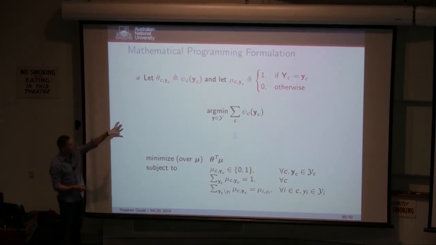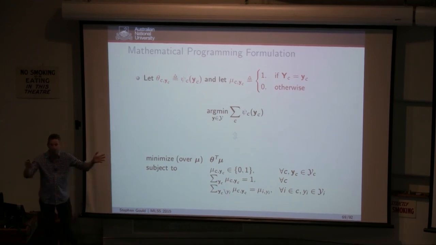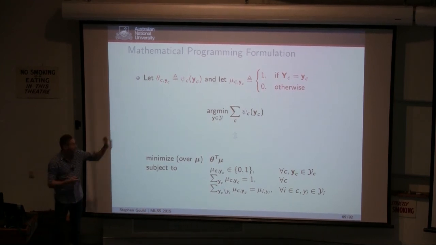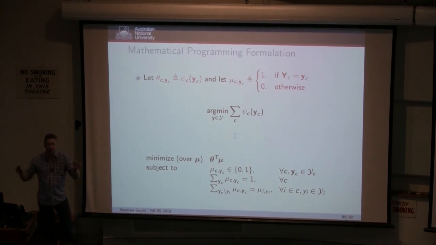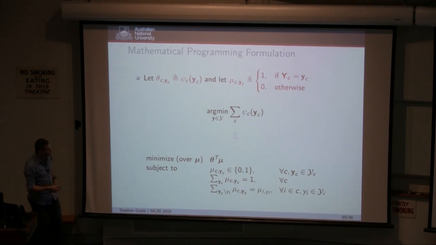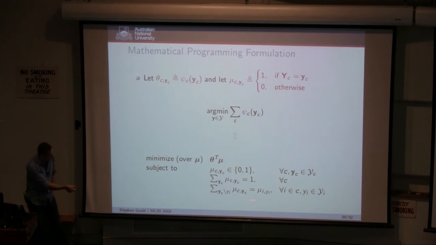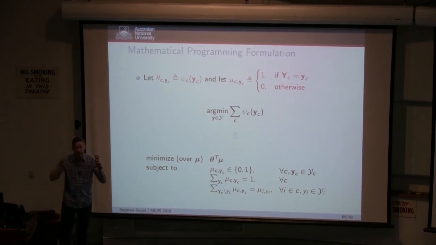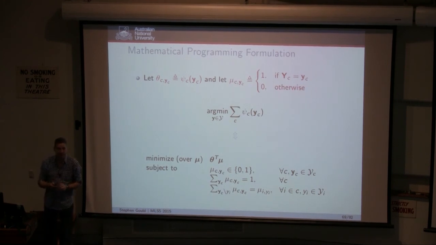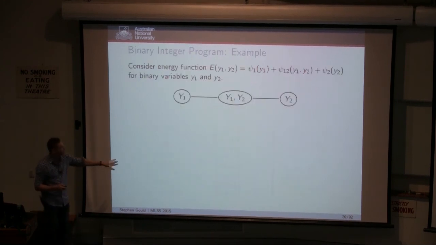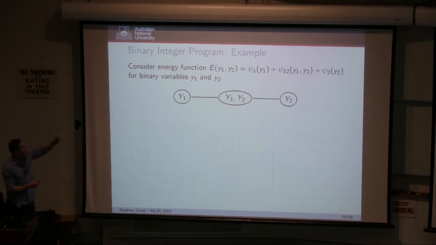It's basically saying if I have a particular set of variables, the indicator is 1 for a particular configuration of those variables, right? And 0 for all the other configurations. And finally, this last constraint is saying that if I have the same variable that appears in 2 subsets, in 2 cliques, then my indicators need to be consistent, all right? It's a little bit confusing here. It's going to be simpler if we just look at an example.